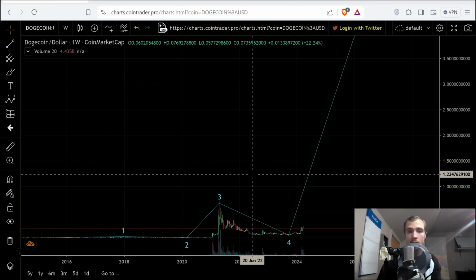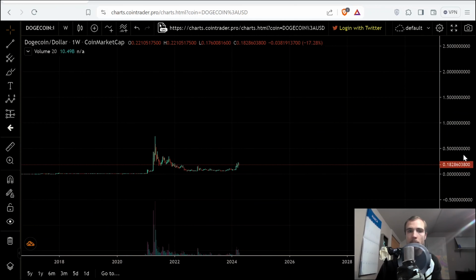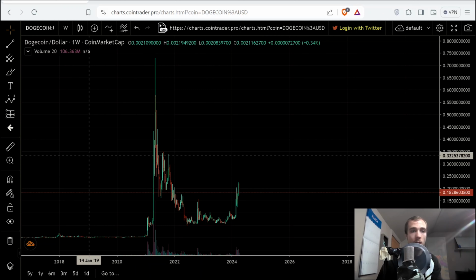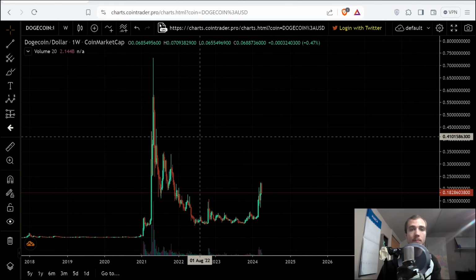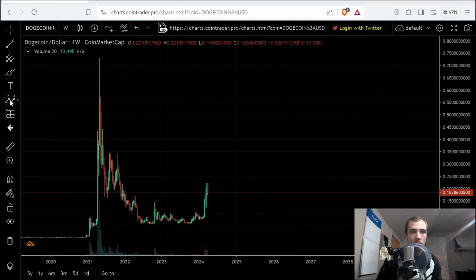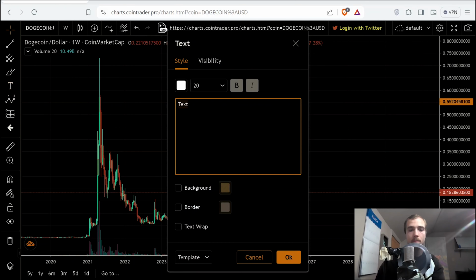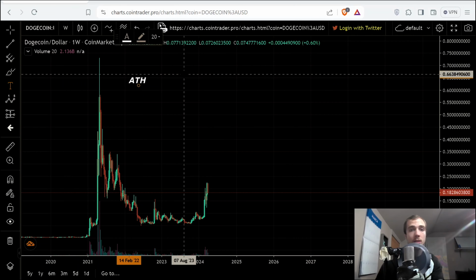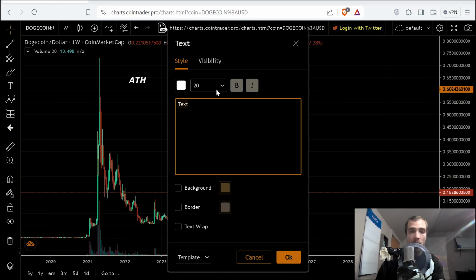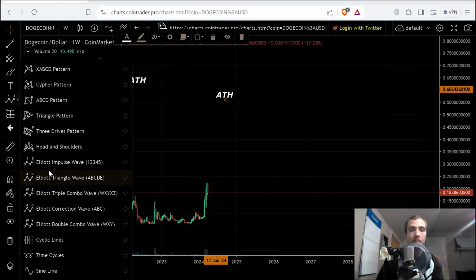So let's take it off the log chart and look at what's happening here on the linear chart. So on the linear chart, we also have a complete market cycle and a complete ABC correction. So not only are we expecting another Elliott wave up on the logarithmic chart, where we're expecting another move to new all-time high, but also on the linear chart, we're also expecting another all-time high, because both of these charts are showing bullish signals, right?